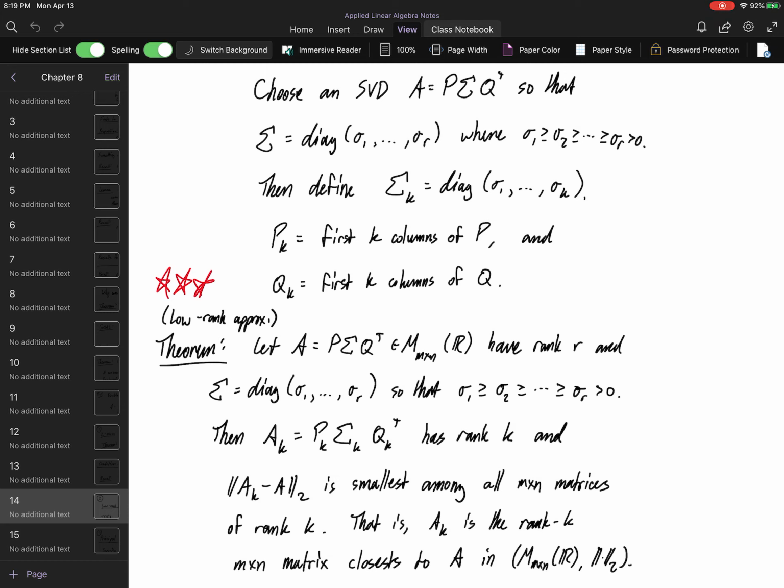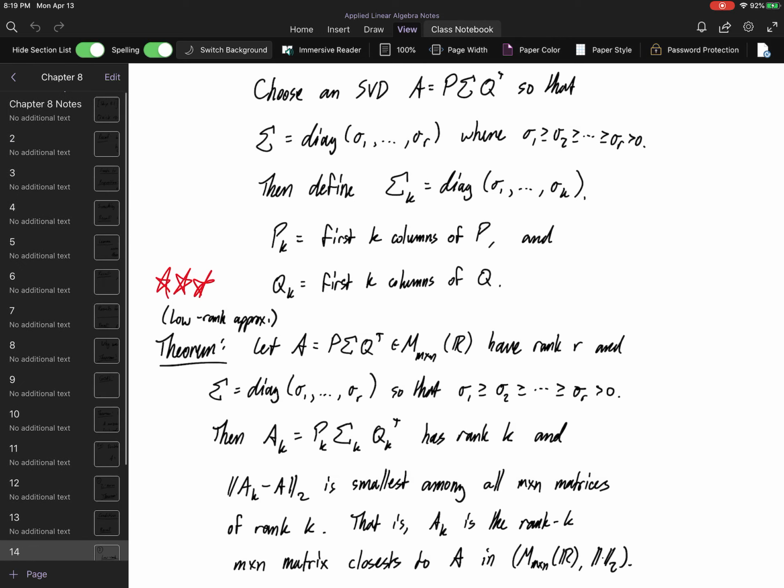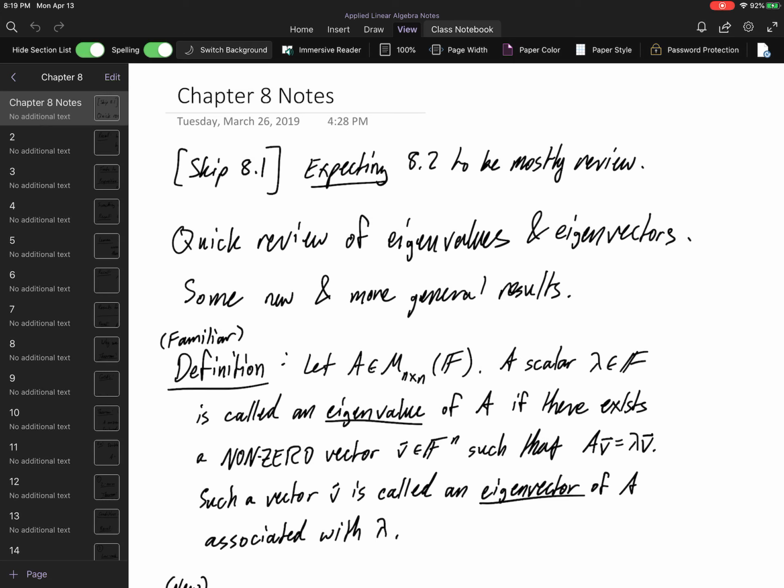This is going to be that version, the theorem you're going to be using for a compression algorithm, or at least an elementary compression algorithm. We can discuss more in class, but for now, let's work up to it.